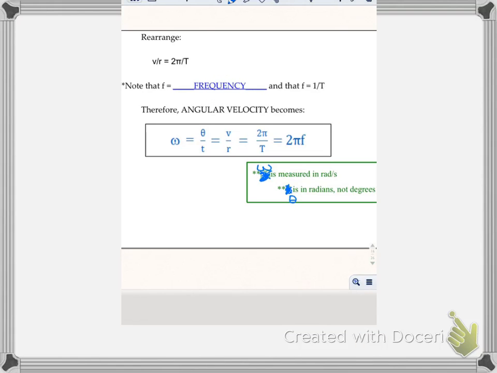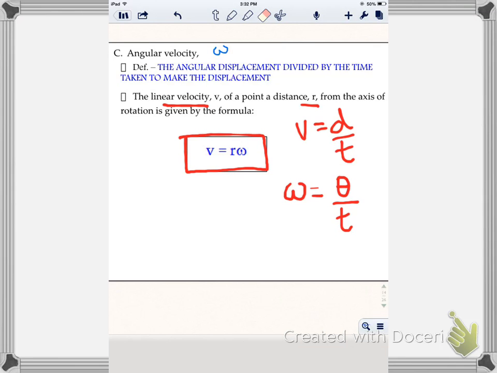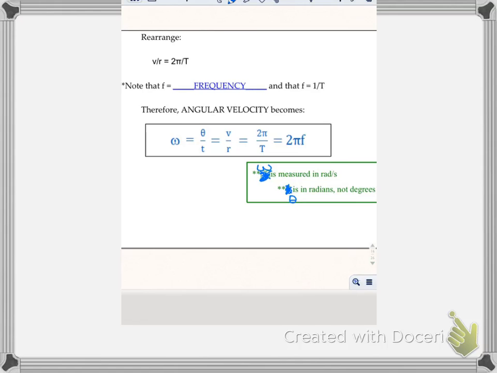For our next slide, you can also relate angular velocity to something called the frequency. And for this one, sorry for flipping back and forth, if we rearrange the angular velocity formula for v over r, that's going to be this first section of the formula.